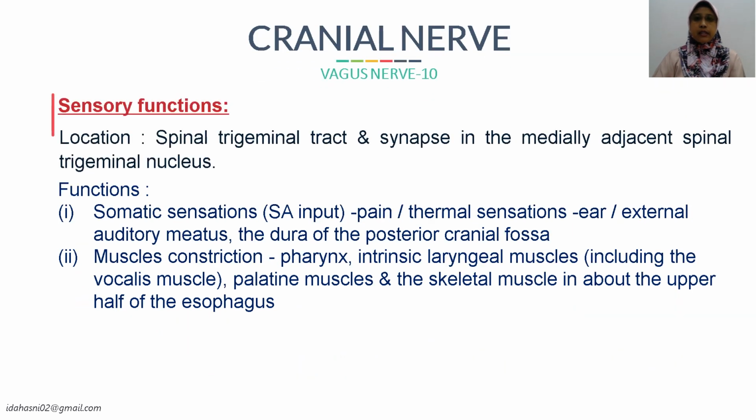The central processing of primary vagus sensory afferent fibers enter the spinal trigeminal tract and synapse in the medially adjacent spinal trigeminal nuclei. Somatic sensation is represented by somatic afferent input fibers, which are responsible for pain and thermal sensations from a small area on the ear and part of the external auditory meatus, and the dura of the posterior cranial fossa.